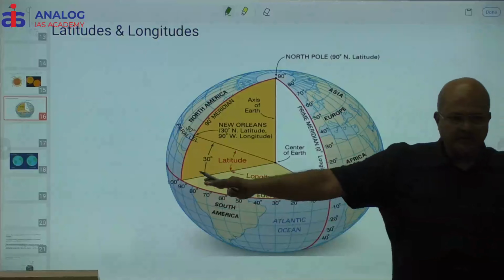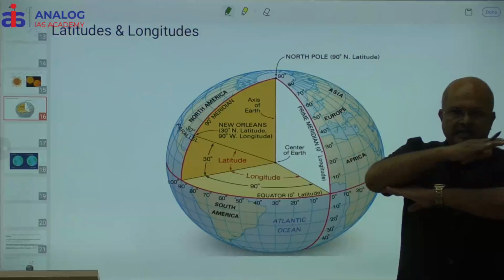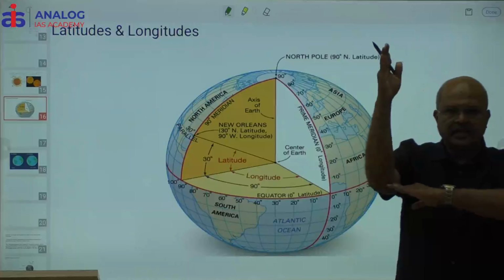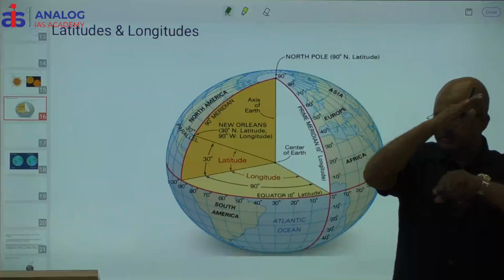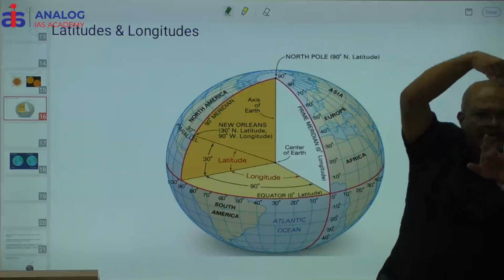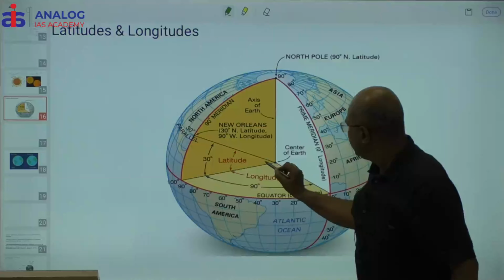This is the earth, 5 degrees, 10 degrees and so on up to 90. If it makes 60 degrees from the center of the earth, then the other is 30 degrees.